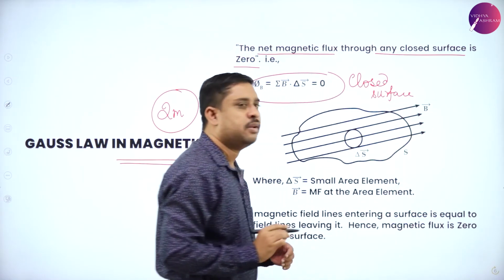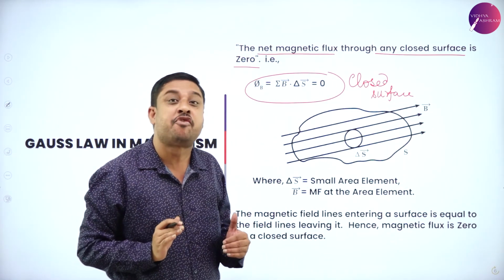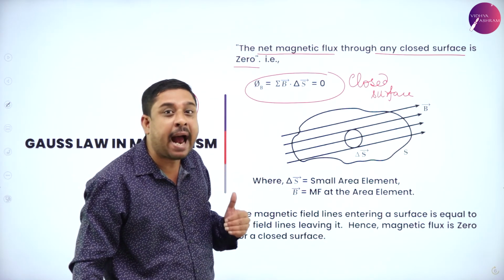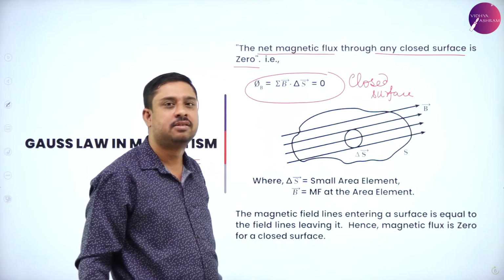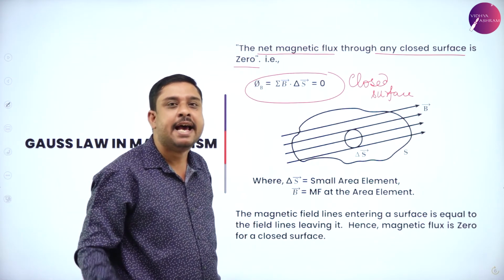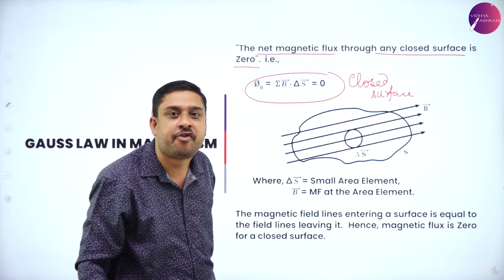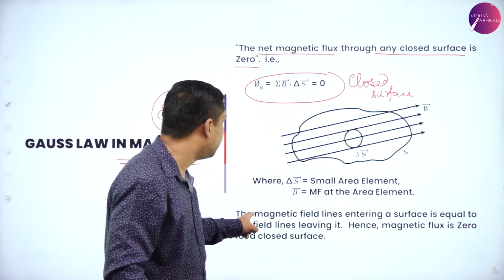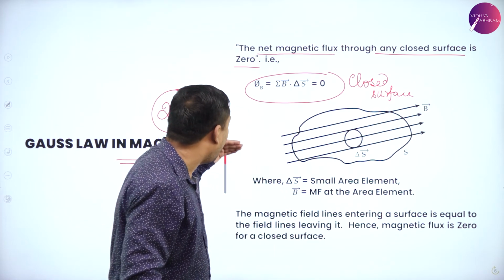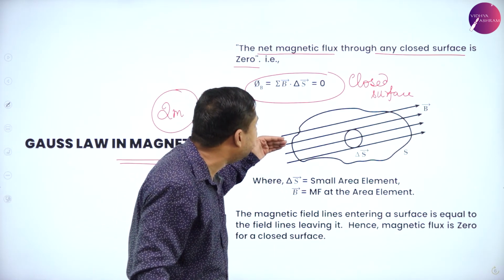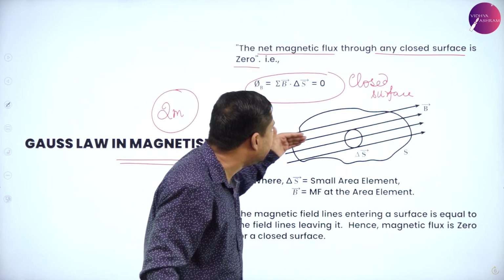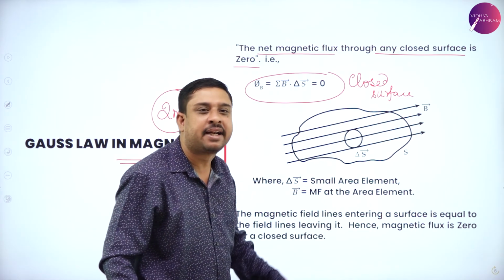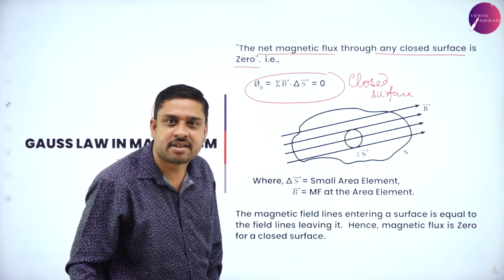So, Gauss law of magnetism says the magnetic flux across any closed surface is zero. Why is it happening? All the magnetic field lines which enter the surface are equal to the magnetic field lines leaving it.